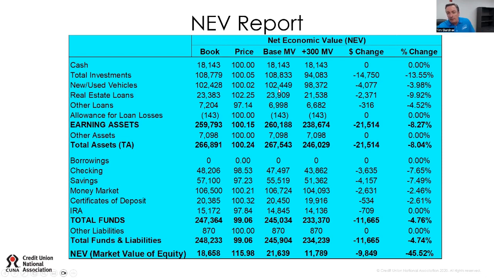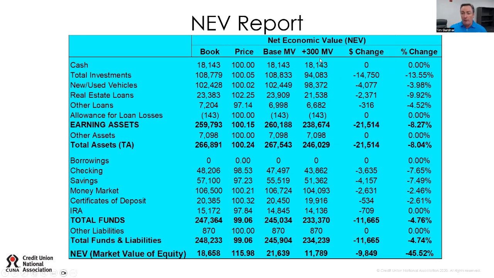Then in the market value column, the loans would be worth $102,449,000. So what does that tell me? That gives me a pretty good indication that we're probably priced right at, maybe slightly above, where the market is for our car loans. That's the base market value.